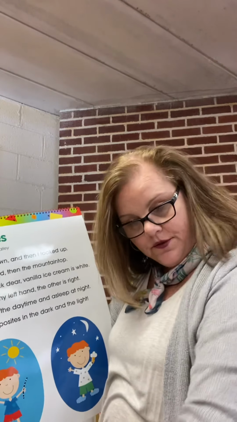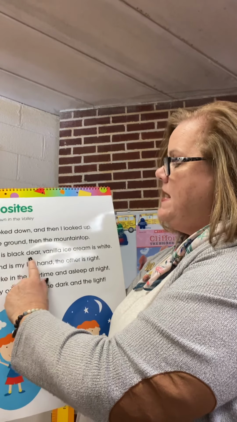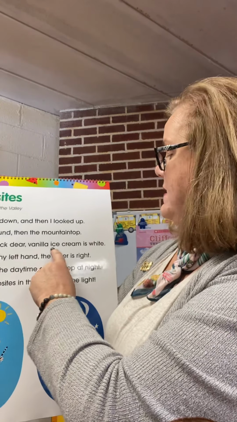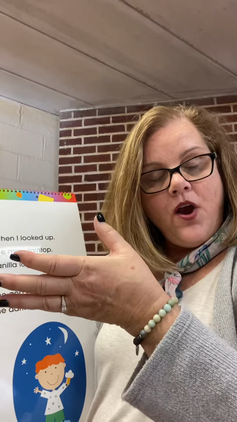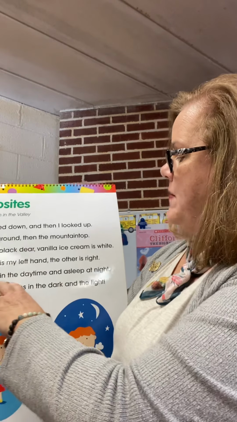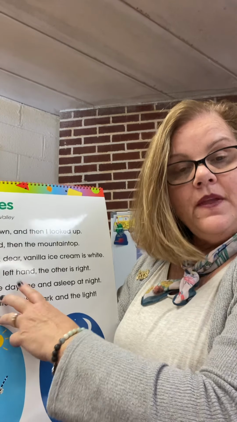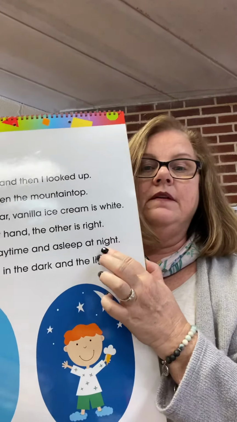So the ground, we're looking down, we're looking up to see the mountaintop. Licorice is black, dear. Vanilla ice cream is white. So that's white and black are opposites, or light and dark are opposites. I'm awake in the daytime, and the opposite of daytime would be I sleep at night.